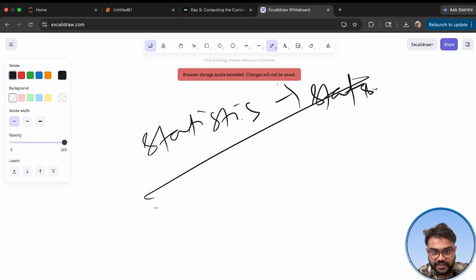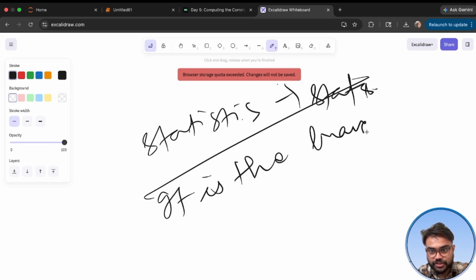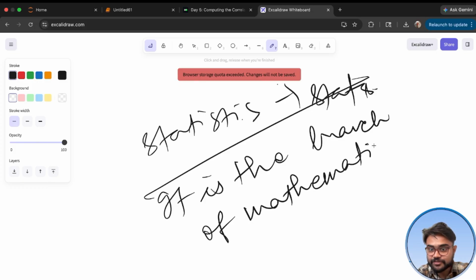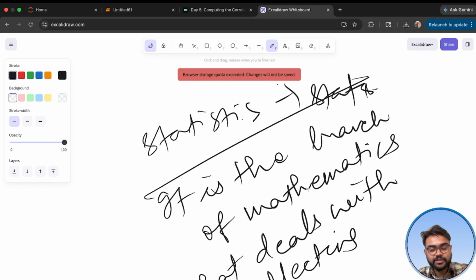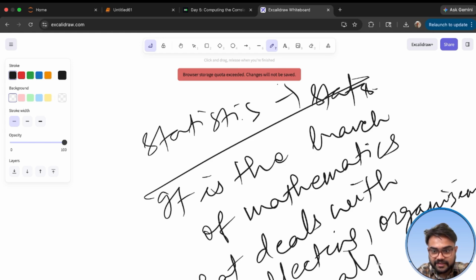You have to say it is the branch of mathematics that deals with collecting, organizing, analyzing, and at last presentation of data. We are going to talk about data. Whatever we talk about is related to data. I hope you got it.